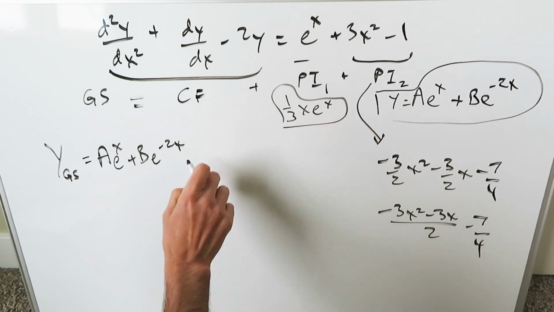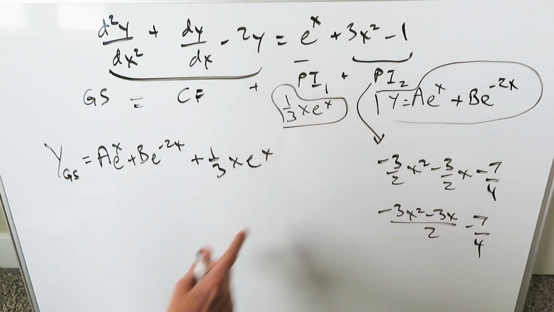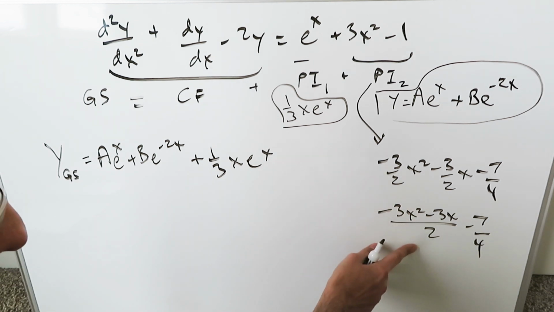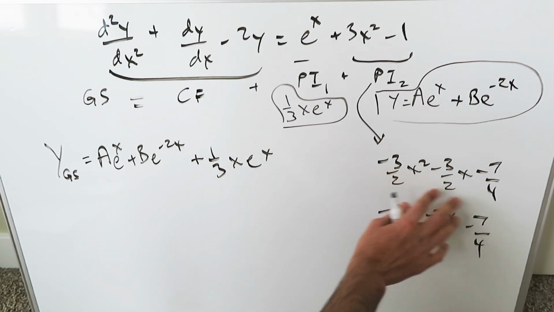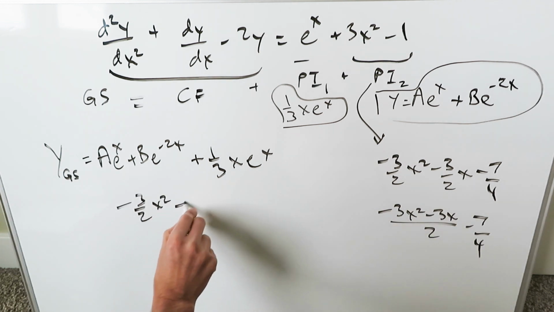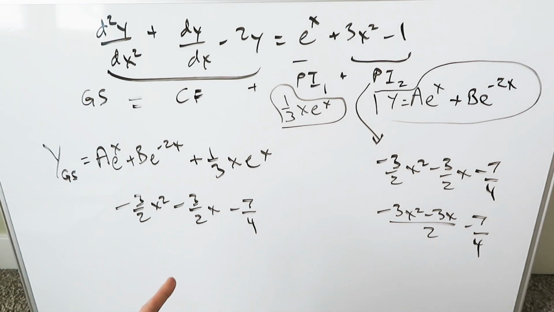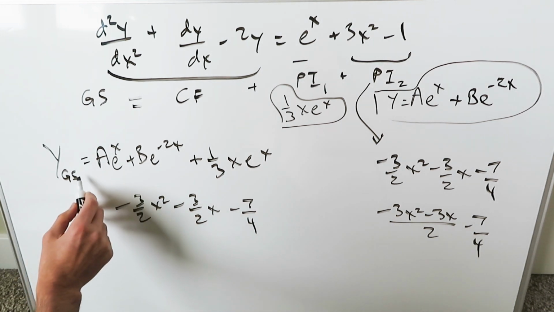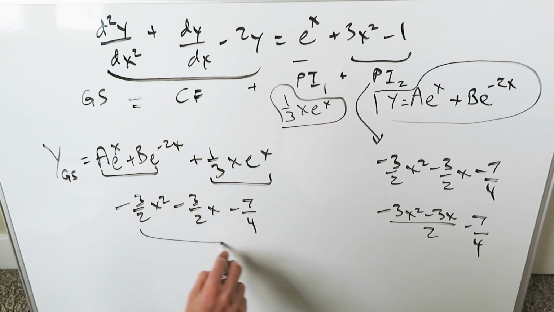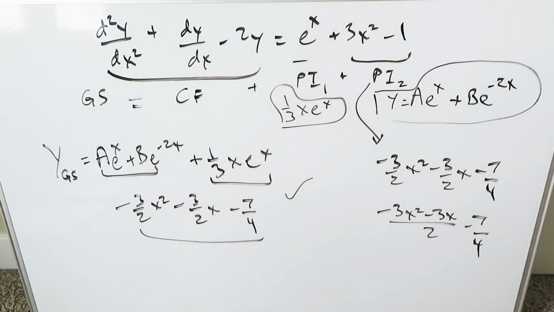Our one particular integral is this 1 over 3 x e to the x, and we'll bring the next item over here. Even though I said I'll do this form, I think it'll be better to have everything separate: minus 3 over 2 x squared minus 3 over 2 x minus 7 over 4. Here is our solution. My general solution is equal to a complementary function, a particular integral and another particular integral. All of it should be correct. And this right here is the end of this question.